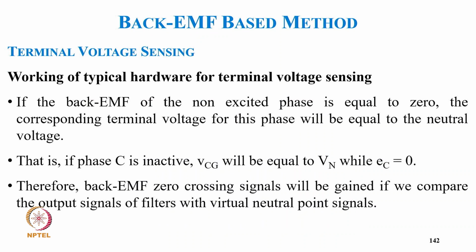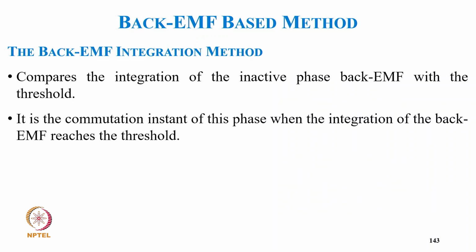So coming to the working of typical hardware for terminal voltage sensing, if the back EMF of the non-excited phase is equal to 0, the corresponding terminal voltage for this phase will be equal to the neutral voltage. That is, if phase C is inactive, VCG will be equal to VN while EC equal to 0. Therefore, the back EMF zero crossing signal will be gained if we compare the output signal of the filter with the virtual neutral point signal.